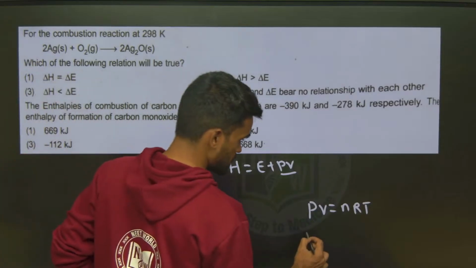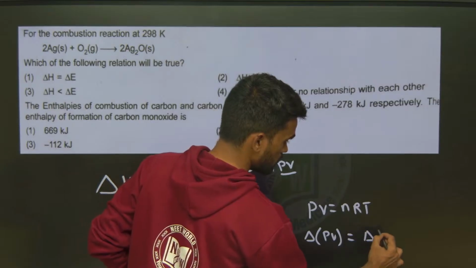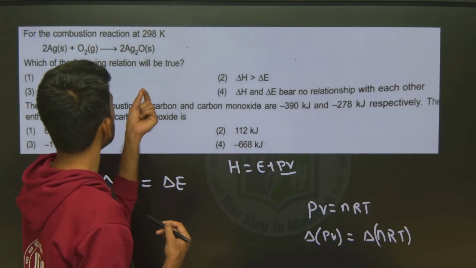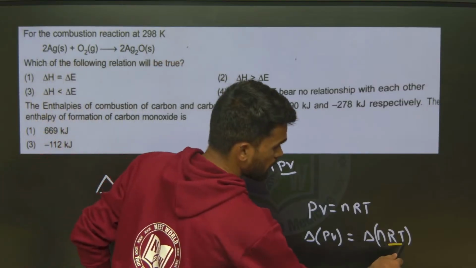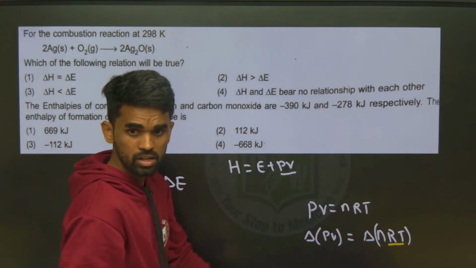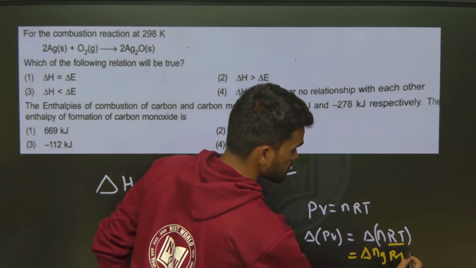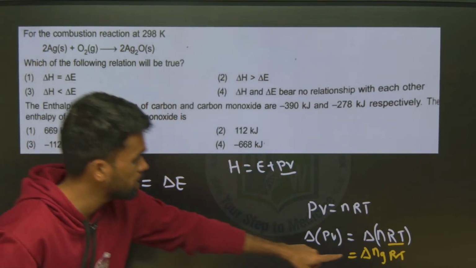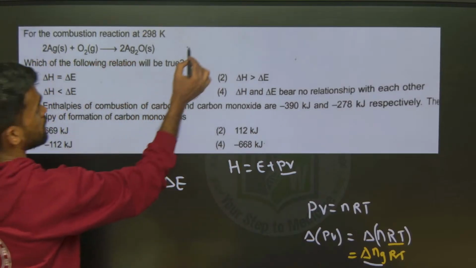So delta PV, instead I can write delta nRT. At a particular temperature, see, at a particular temperature 298 is mentioned, so R and T are constant. So here we can write delta Ng RT, because, like what I told, for an ideal gas, only the gaseous moles are changing. So what is the delta Ng value here?